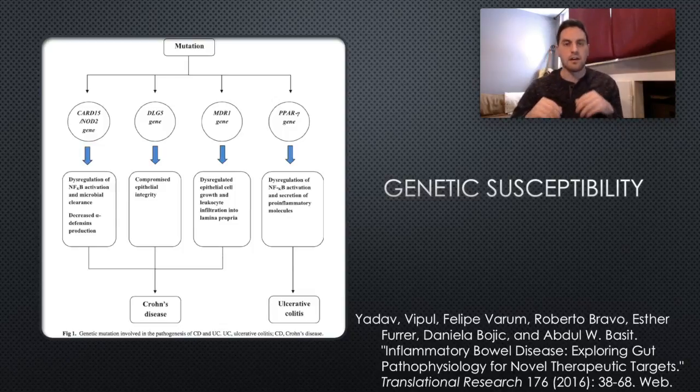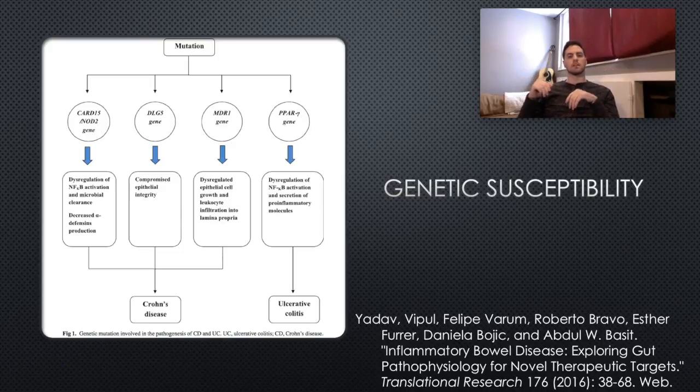They had actually presented what seemed to be like hundreds of different genes that can be involved in the pathogenesis and pathophysiology of inflammatory bowel disease. But here in this diagram, we see that there are basically three of these main types of genes involved in Crohn's disease, and then one of them that is separate that's involved in ulcerative colitis.